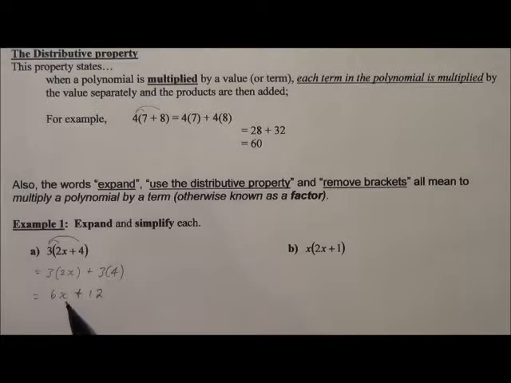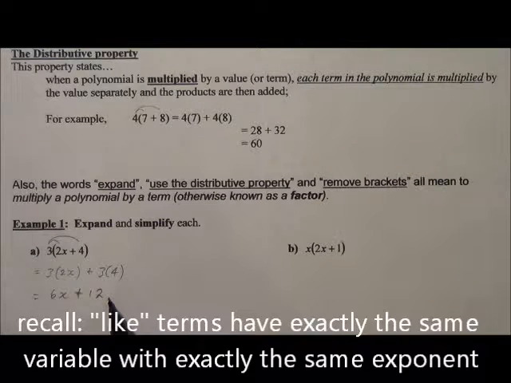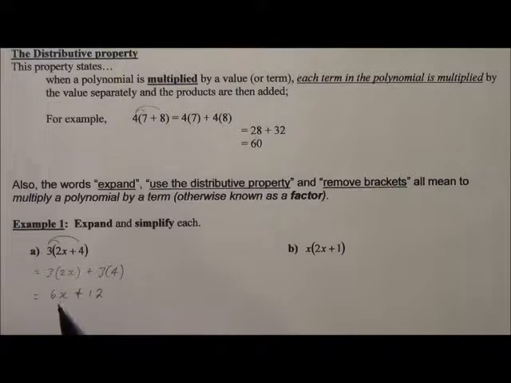Notice that these are not like terms because there is a variable x here with exponent 1, but there is no variable x here. So because there's no variable x in the second term, those two cannot be added together. This actually has the same form as a y-intercept and a slope multiplied by the x term.